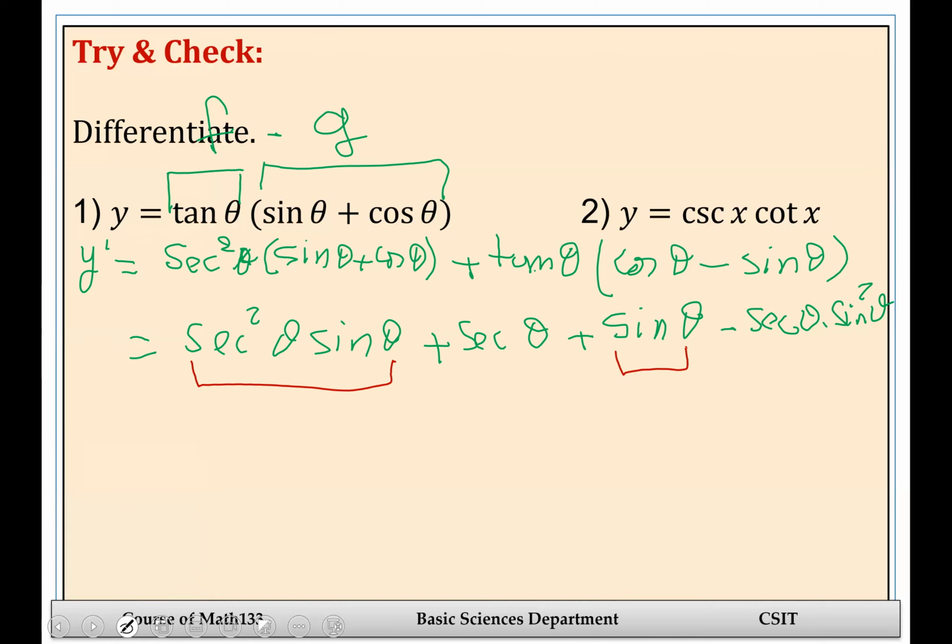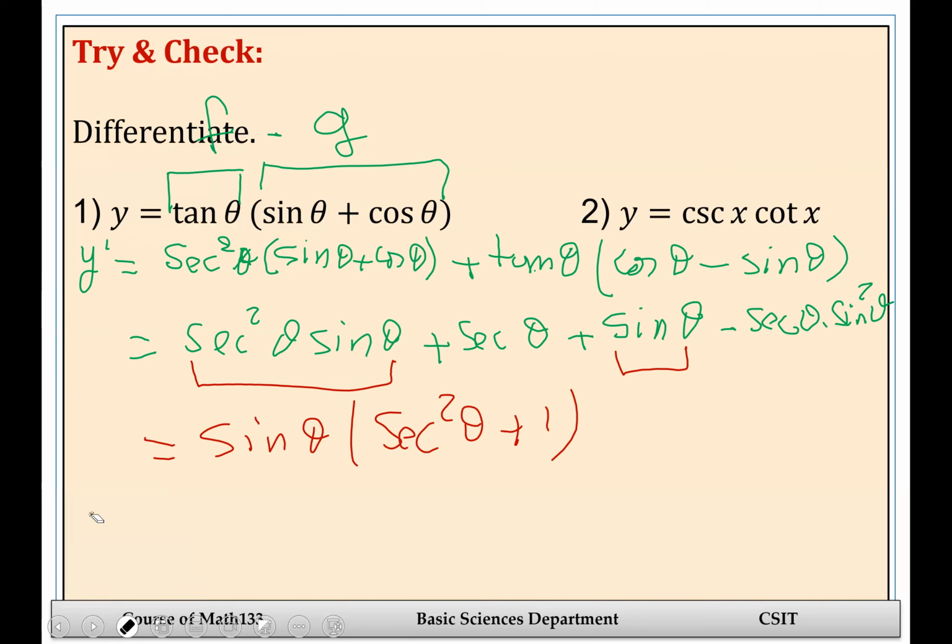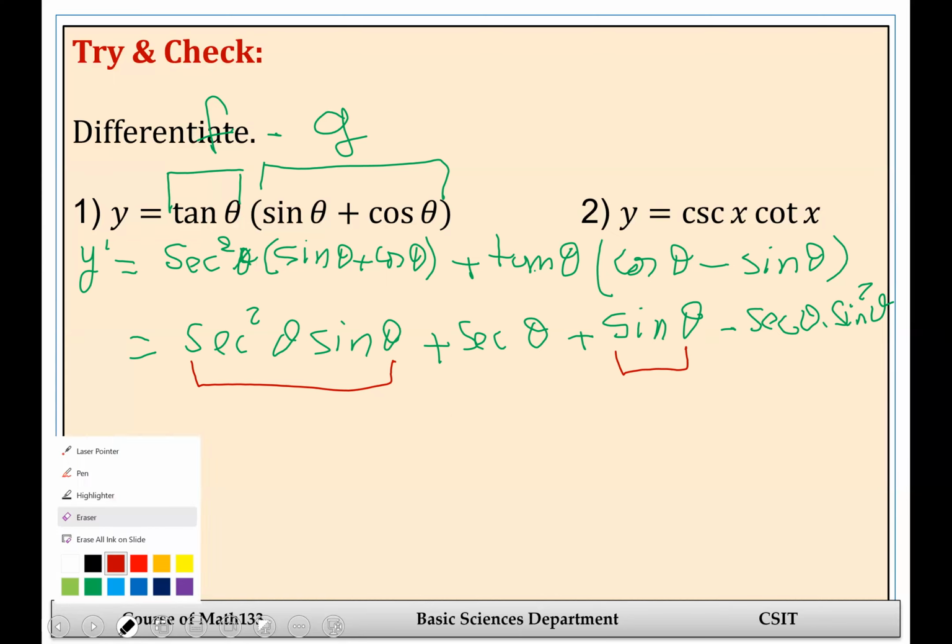Clearly, we cannot do anything about what we have. So we will have secant square theta plus 1. This is nothing. Remember the identity does not give secant square plus 1. Okay, it gives 1 plus tan square equal to secant square. So basically, we will be happy with this form. Okay, I will go to the next one.